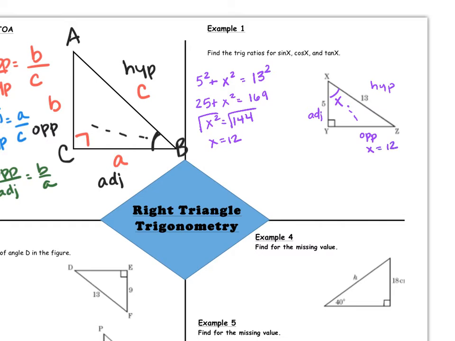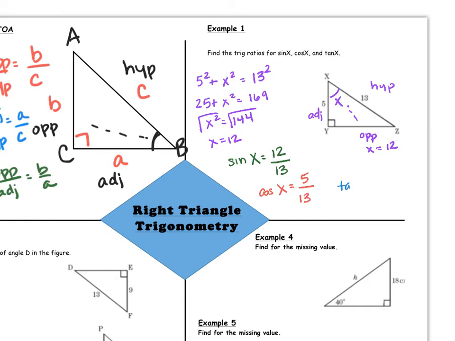We can go ahead and write out the actual functions now. We know that the sine of x is equal to its opposite side, or 12, over the hypotenuse, which is 13. We know that the cosine of x is equal to its adjacent side, which is 5, over its hypotenuse, which again is 13.